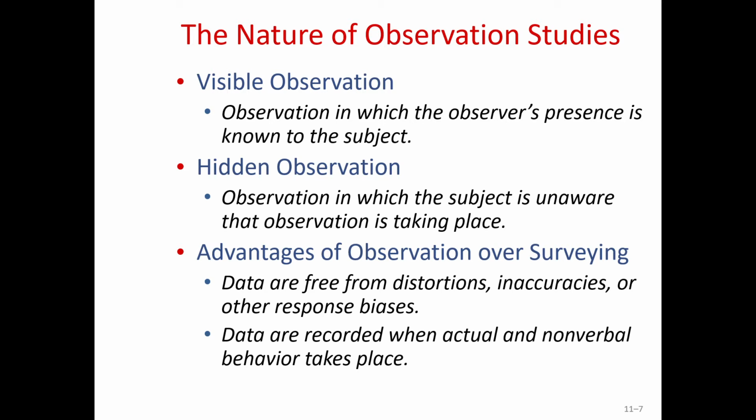The major advantage of observation studies over surveys, which obtain self-reported data from respondents, is that the data are free from distortion, inaccuracies, or other response biases due to memory error or other biases. The data is recorded when the actual behavior takes place.